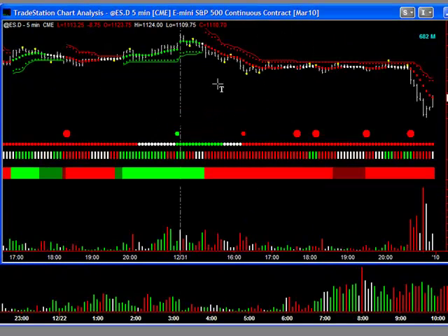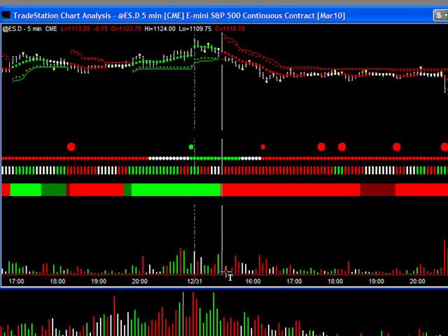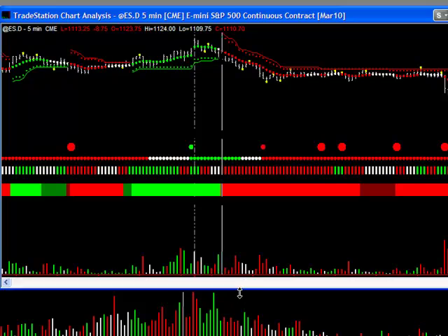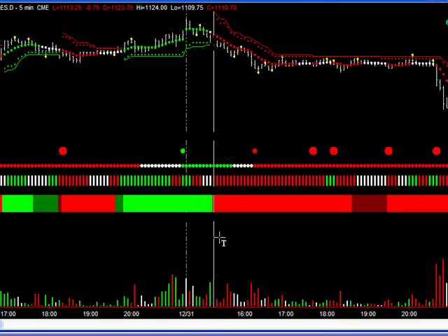Here we have the S&P on a 5-minute, so the Roadkill will be set to 3 times 5, 15, and it's showing us that at this point here, the 15-minute volume had turned red. It also confirmed with the trend here, and also the volume on the 5-minute had gone red too.